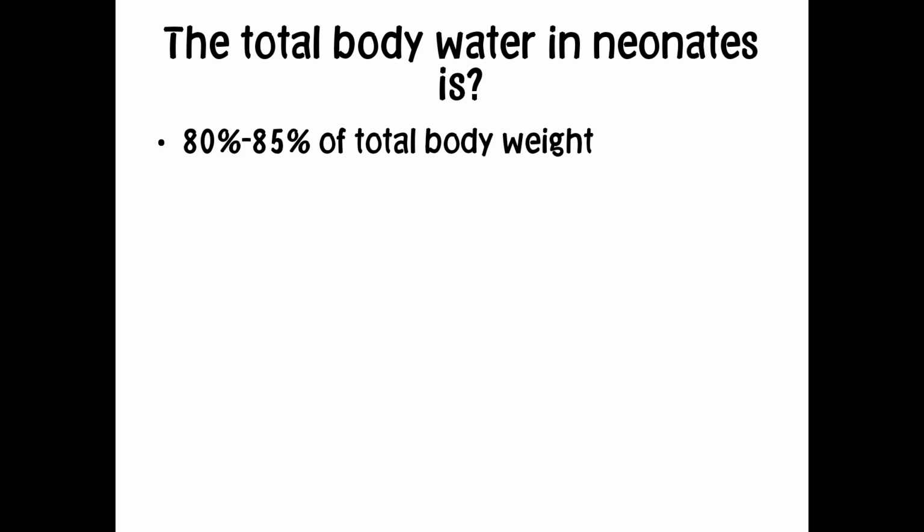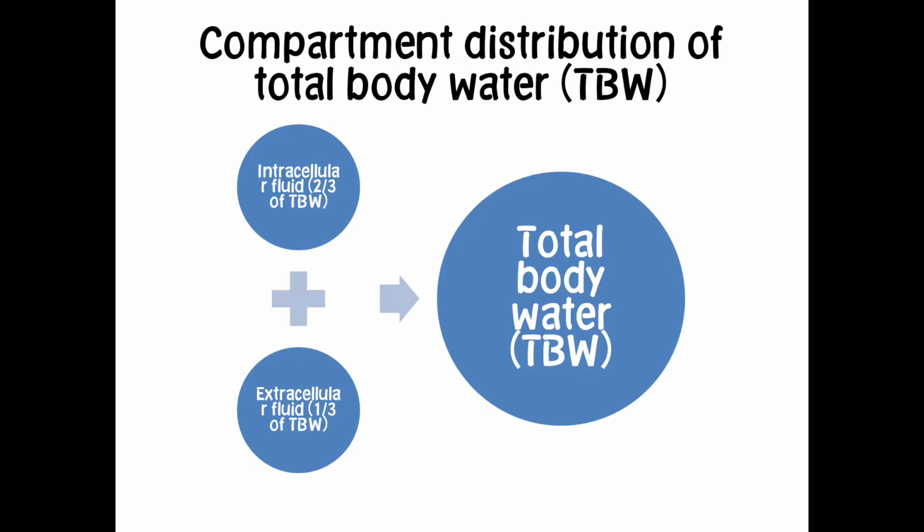The total body water in neonates, on the other hand, is 80 to 85% of their total body weight, and it should be remembered that mild losses or even diarrhea could cause adverse harm to a neonate compared to an adult. Why? Because much of the body composition of neonates is water, and so slight losses could have adverse effects on the body of a neonate.